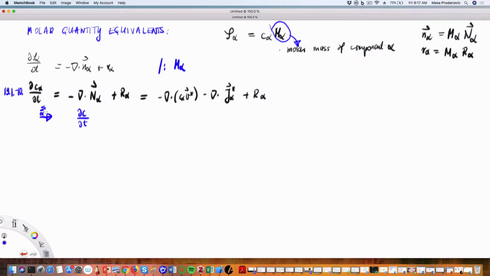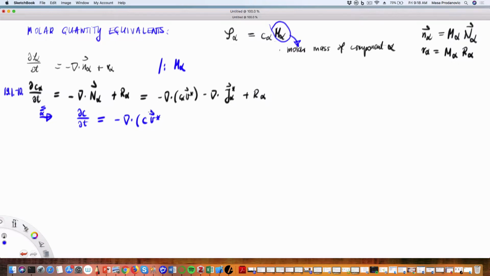So if I sum over all alphas, then I'm going to get, similarly as before, C V star. And V star is that average using X alphas as opposed to omega alphas.